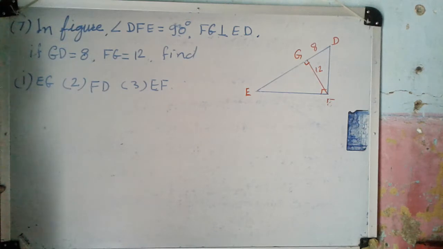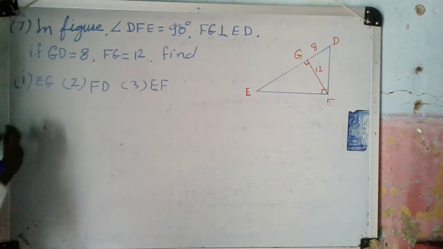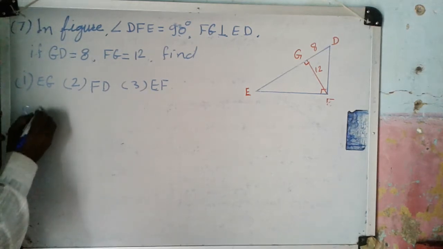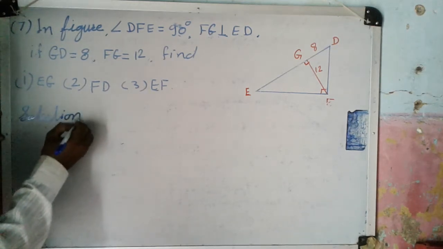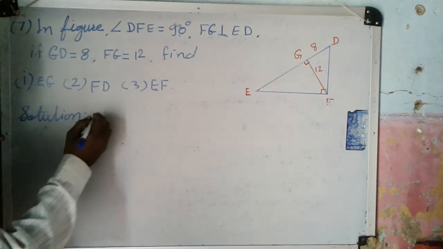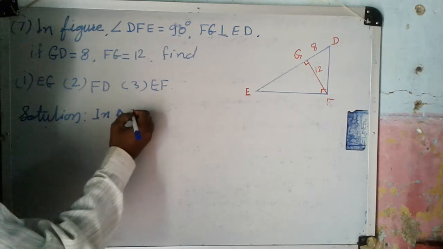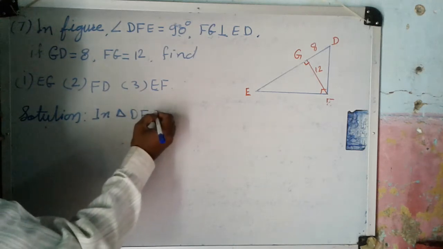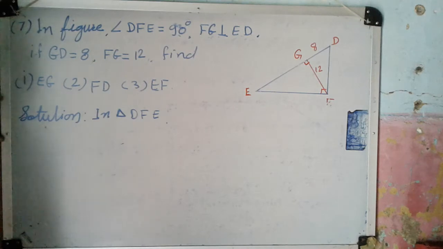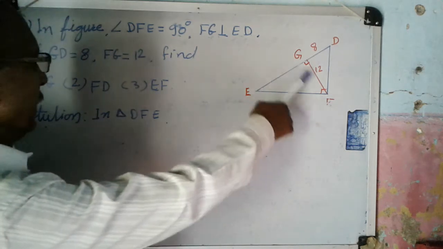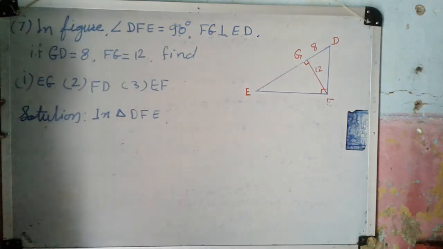For that we will use the theorem of geometric mean. Here FG is the altitude drawn on the hypotenuse.